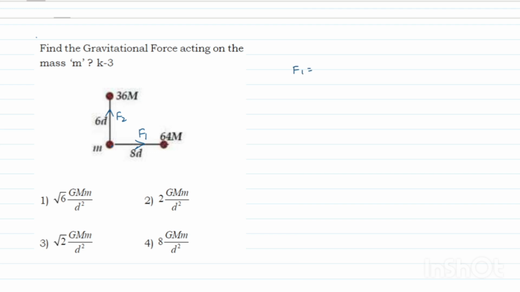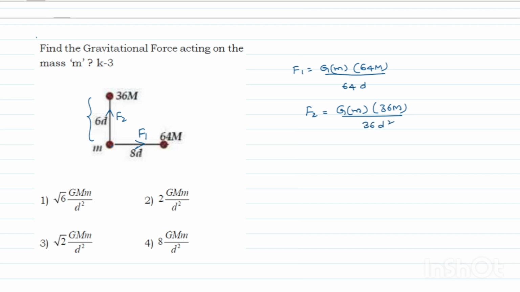Let us take F1, which will be equal to G into small m into 64M by 64 d square, and F2 is the force of attraction between these two, G into small m into 36M by 36 d square.